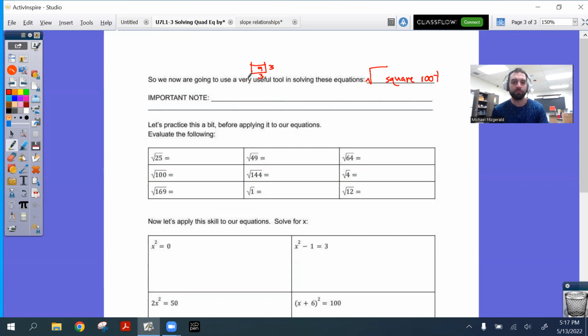So when we do this, an important note: when we're using this in our equations, we need to consider positive and negative roots, or square roots, separately.